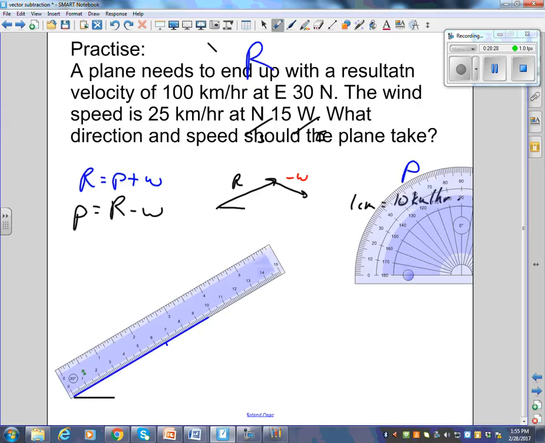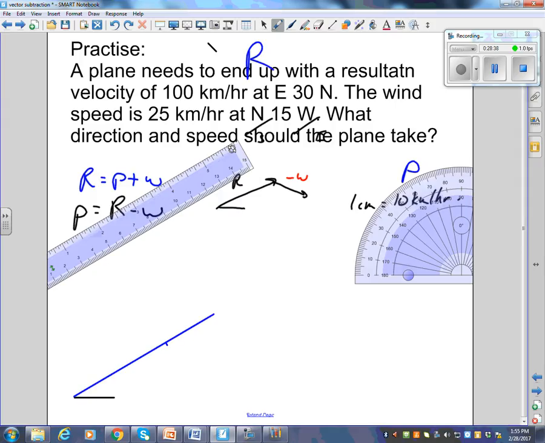We got a straight line. It's cool how it follows. It knows that I'm following a ruler. Okay, so that would be my R, right?